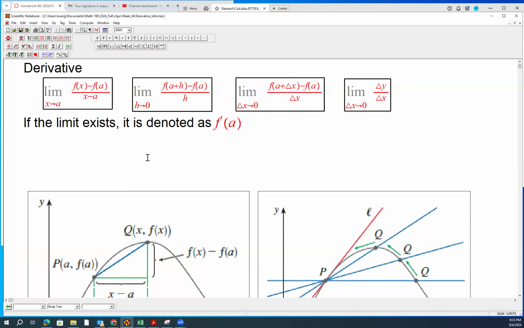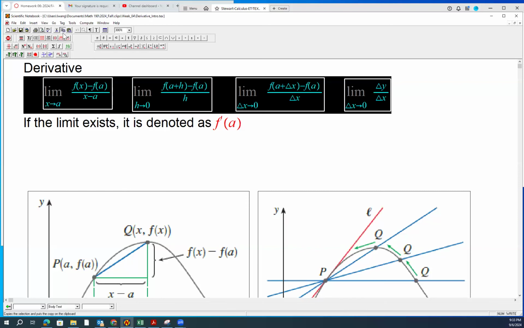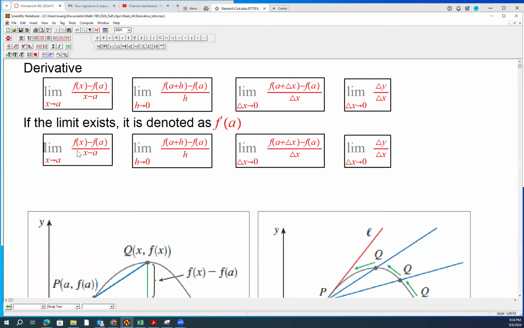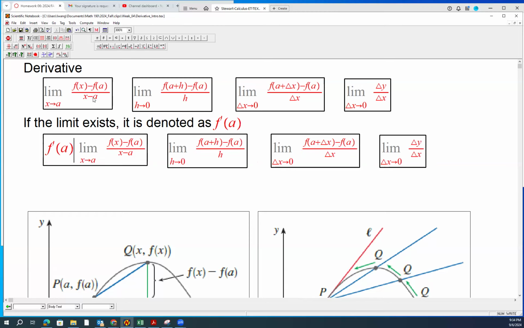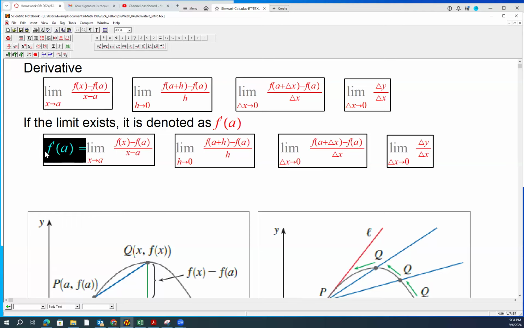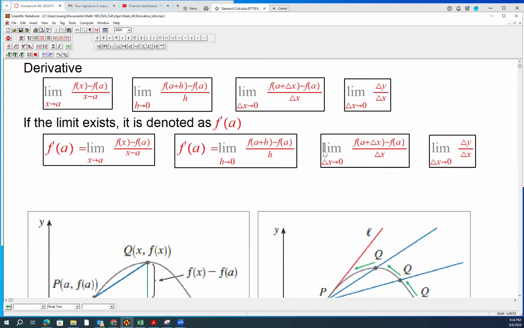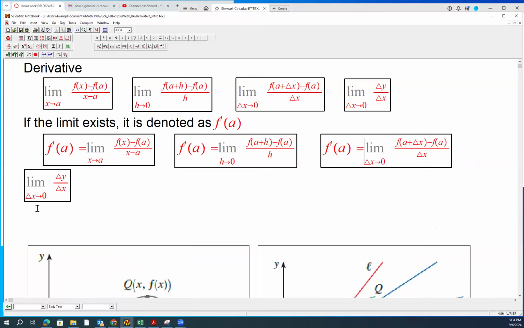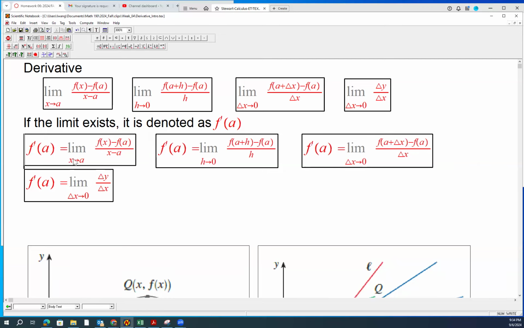In other words, the derivative can be written in all of these different forms. You can use any one of these forms.